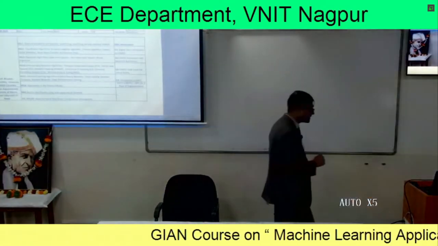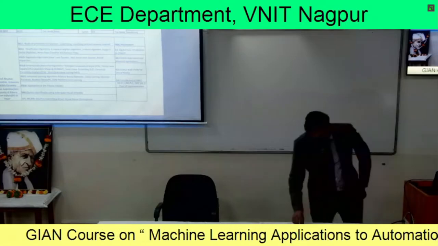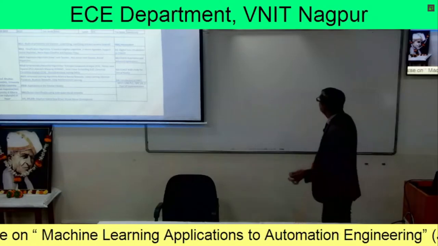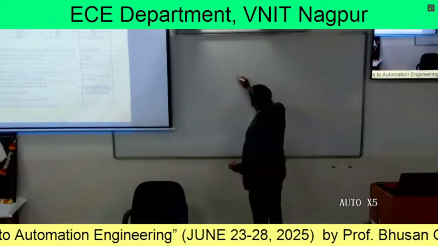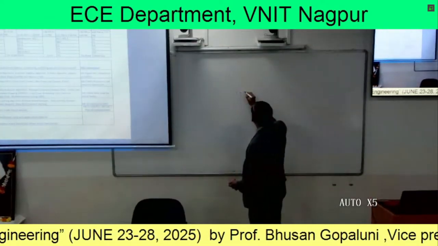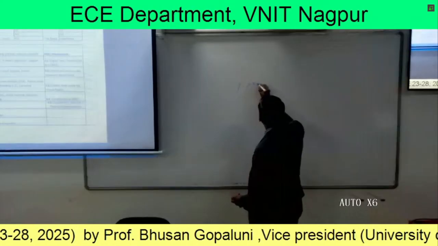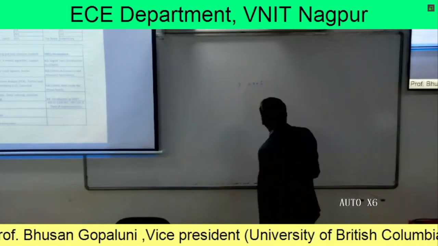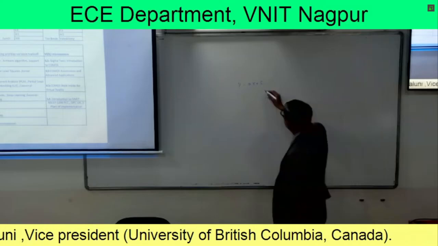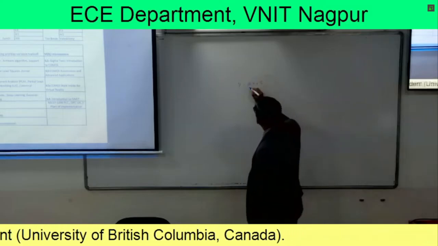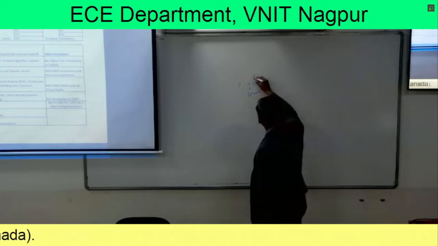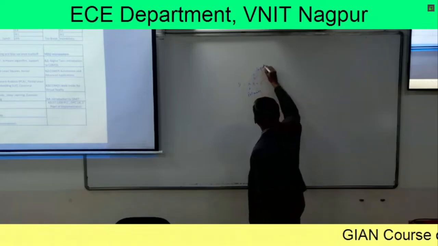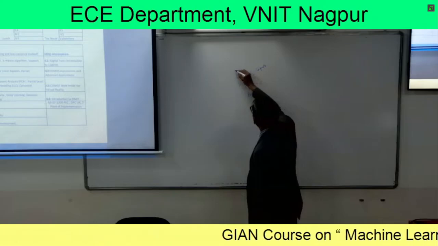So I can perhaps write this. Let's take a very simple example. You see, you have some y equal to some alpha times x plus some noise, right? Now you want to estimate alpha. X's are your inputs. Y's are your outputs.